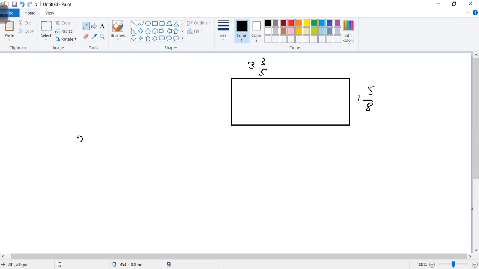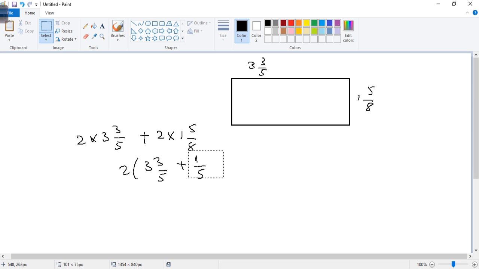It means 2 times 3 and 3 over 5 plus 2 times 1 and 5 over 8.